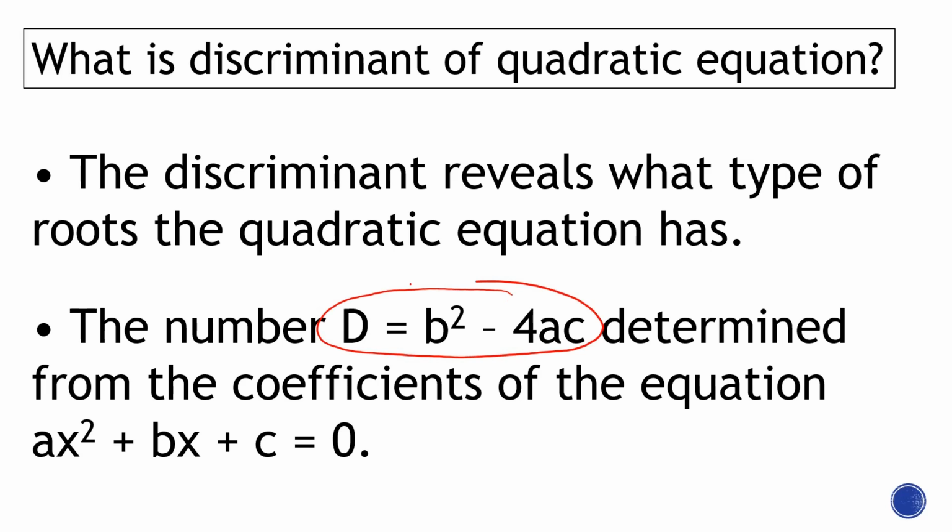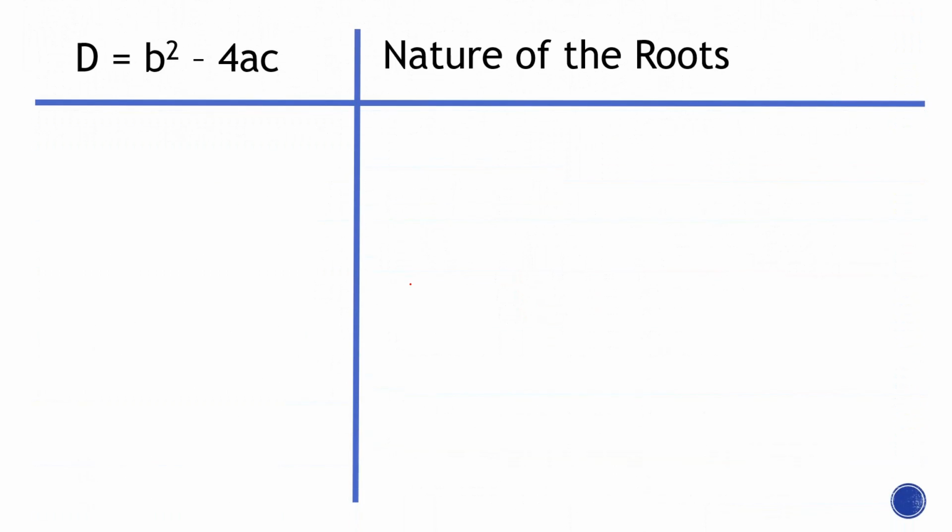That's the formula for the discriminant, determined from the coefficients of the equation ax squared plus bx plus c equals 0. Based on this slide, we learn that the discriminant is a number, and it will tell you, without solving the quadratic equation, what type of roots the quadratic equation has. I classified the types of roots into four different things.